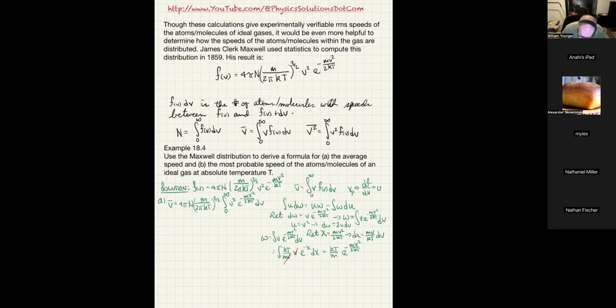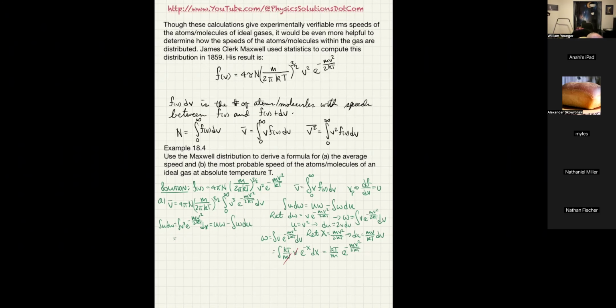So now that I have that, I can say the integral of u d omega, which is the integral of v cubed e to the negative mv squared over 2kt dv, is actually equal to u omega minus the integral of omega du.